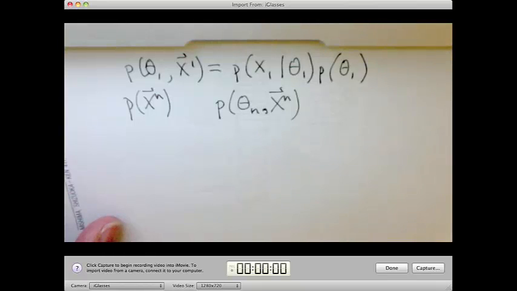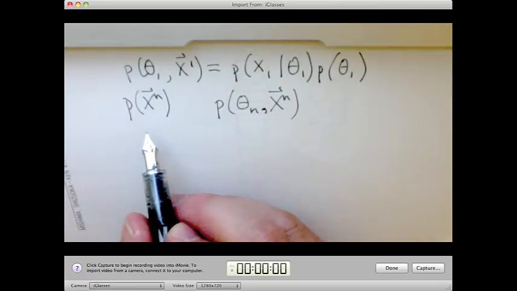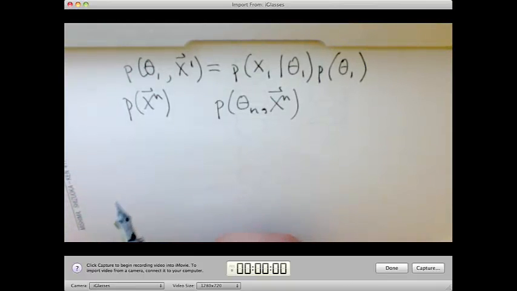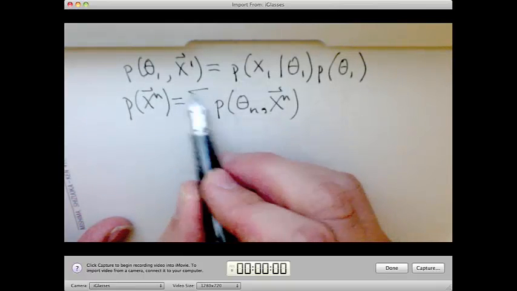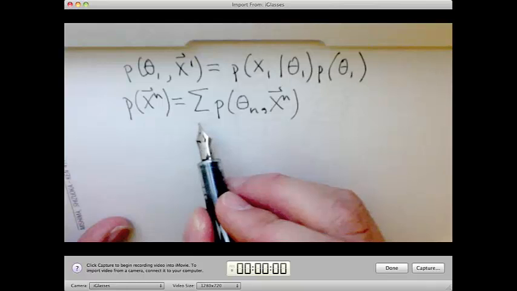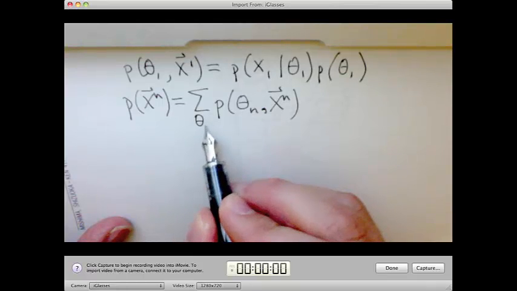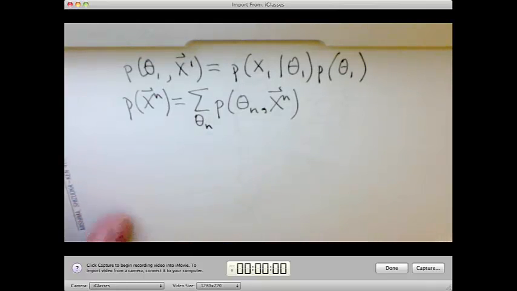So what's the relation between the forward probability here and the probability of the observations? Absolutely. It's just our Bayesian summation to get rid of an unwanted variable in our joint probability to get what we want.